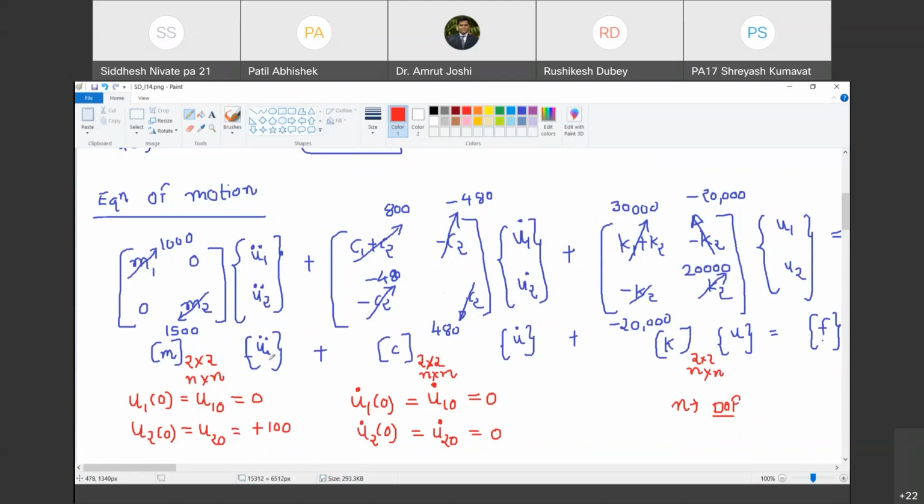Now, quickly tell me, what do you see this acceleration, velocity, and displacement as? These are responses. Do you agree with me? Yeah, sir. Whenever you are observing the motion of a body, the responses that we are typically interested in are acceleration, velocity, and displacement. You may ask, why are you interested in acceleration? The answer is very simple. Imagine that you are dealing with a building like a hospital building where you have a CT scan machine.